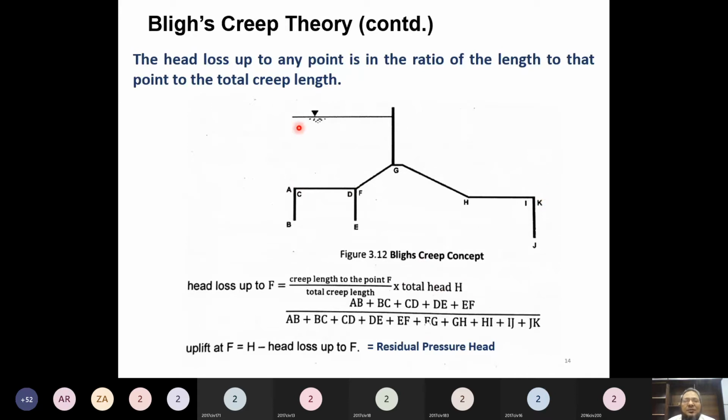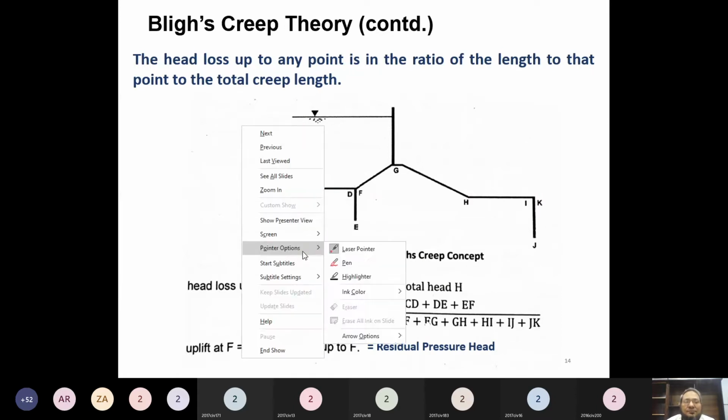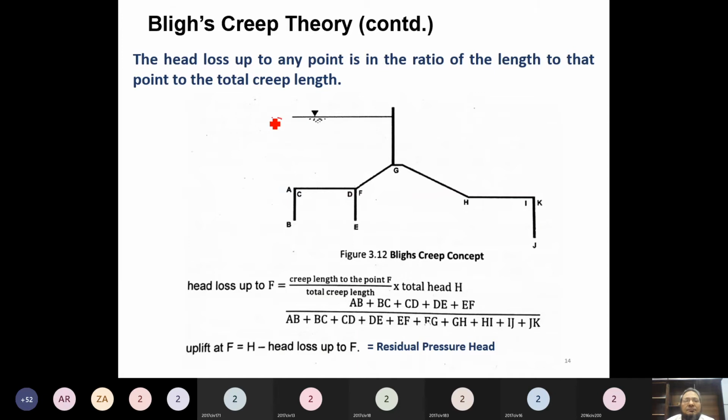Let's say this is capital H. If I want to compute the head loss, sorry, the uplift pressure here or here or here, I can easily compute it by this equation.